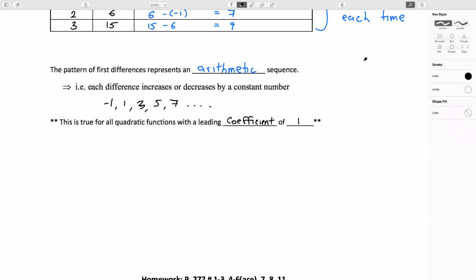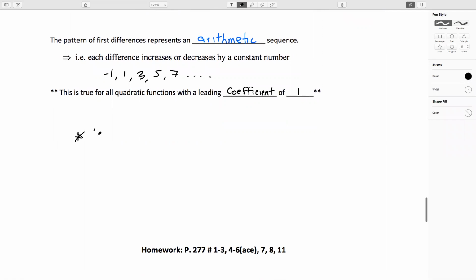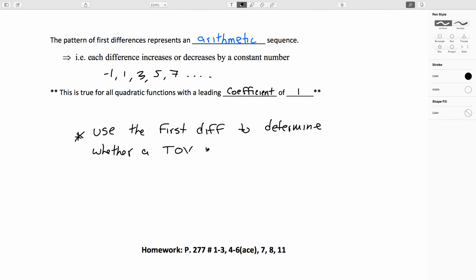So essentially, the idea here, and I'll put it with a star, is that we use the first difference to determine whether a table of values is for a quadratic function.